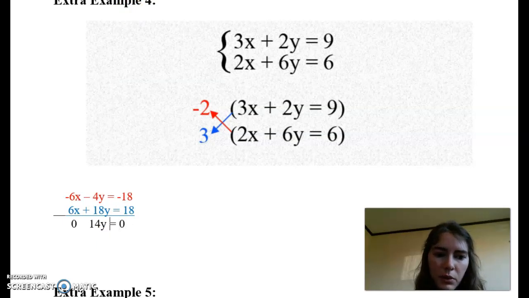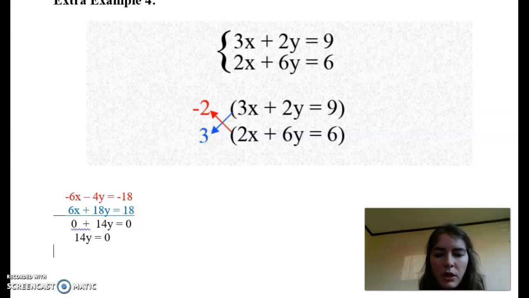Okay, so we have 0, that can be plus, 14y equals 0. So 14 times what number equals 0? 14 times 0 equals 0. So y equals 0.